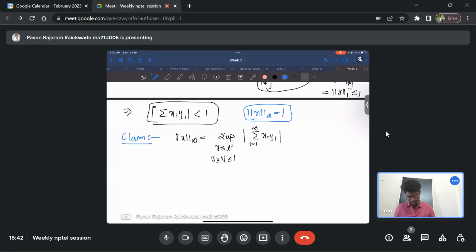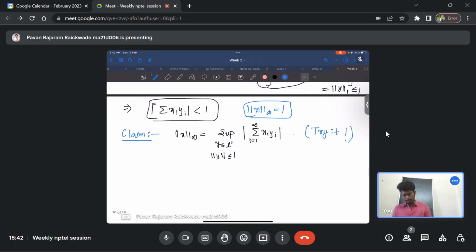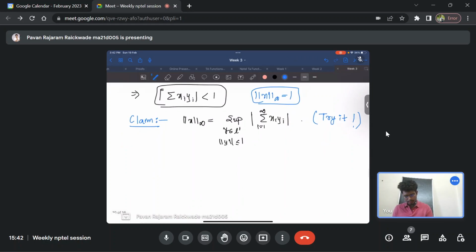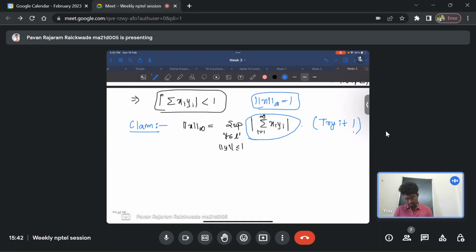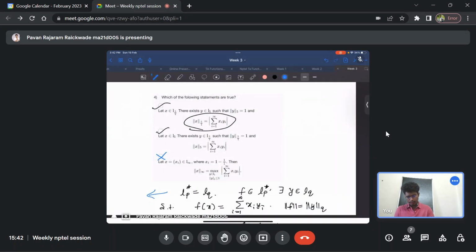Try this. Basically, you can just take in place of y the component-wise sequences ei, one by one. So for every i, we get this quantity to be just xi. So the supremum over xi is the same as norm x infinity here. So the third option is wrong.